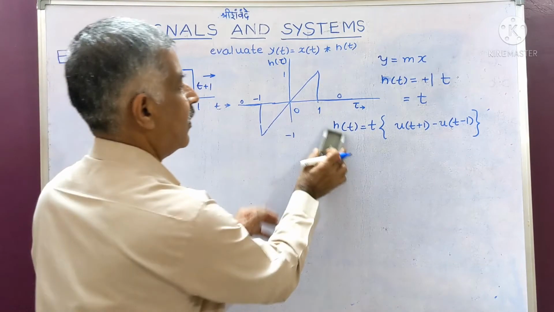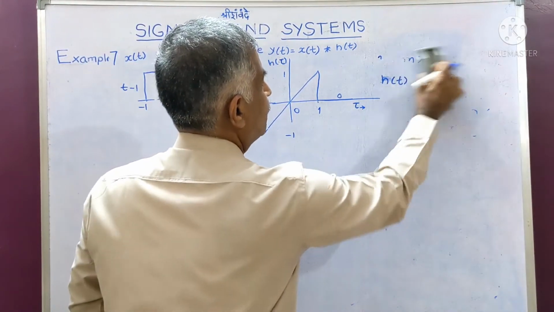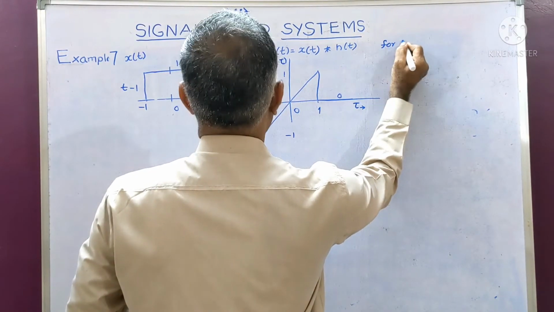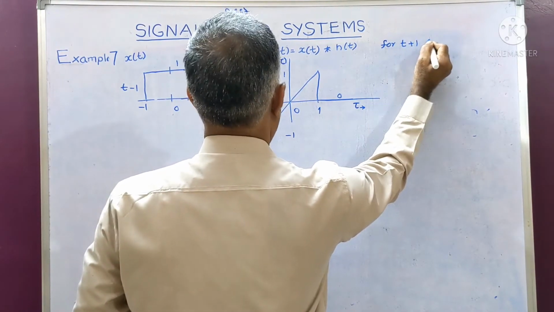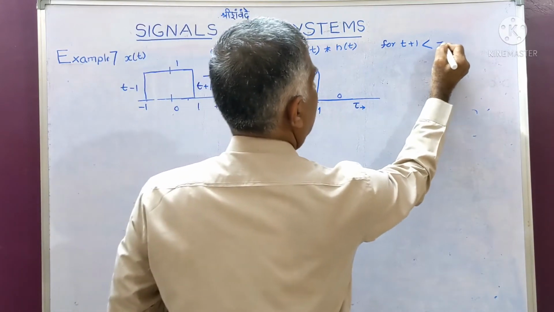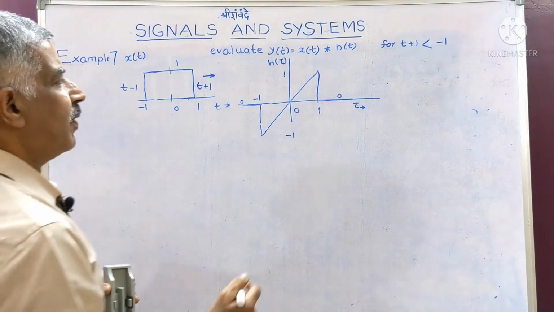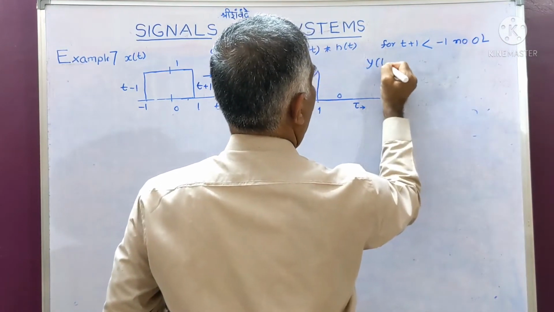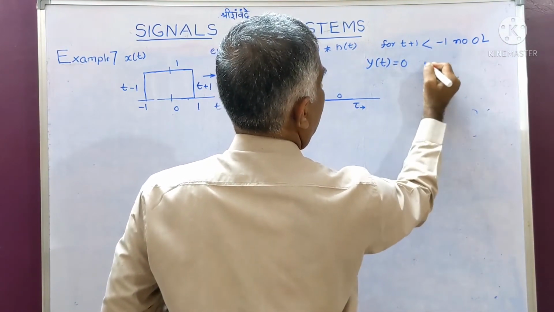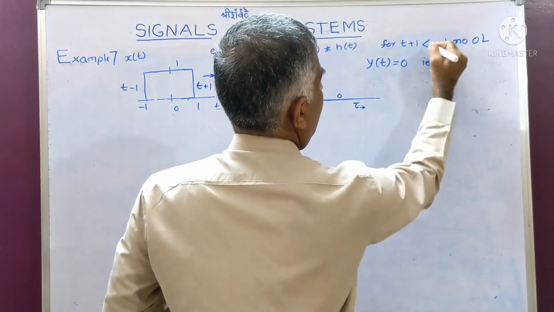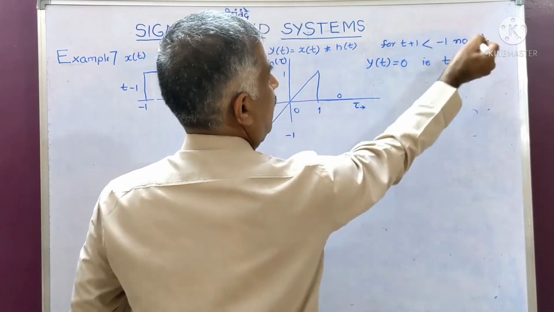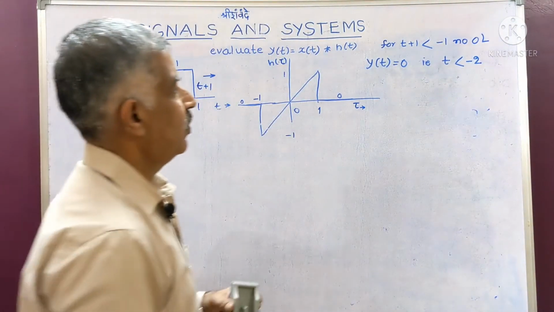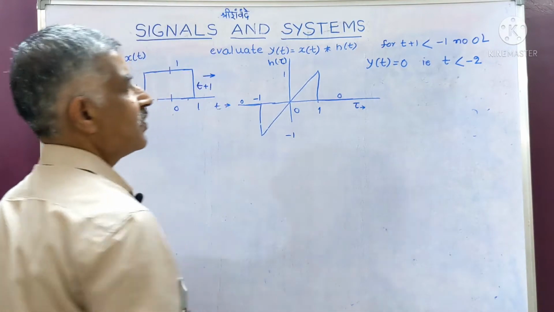So what is the first answer? For t plus 1 less than minus 1, there is no overlapping. Therefore y of t equals 0, that is, for t less than minus 2, y(t) equals 0.